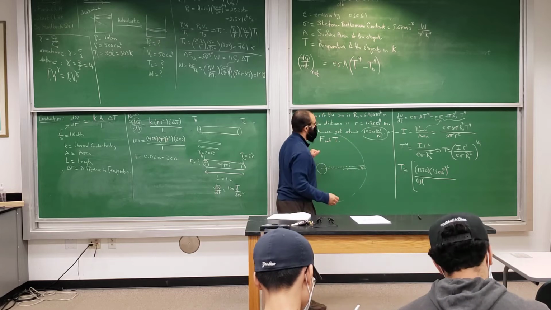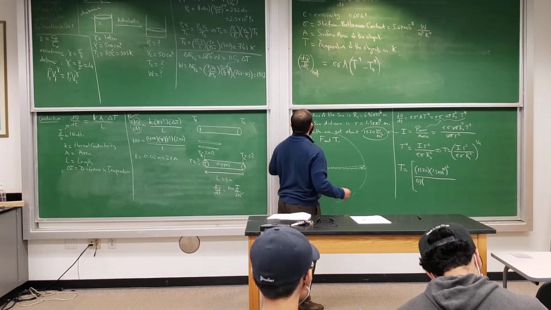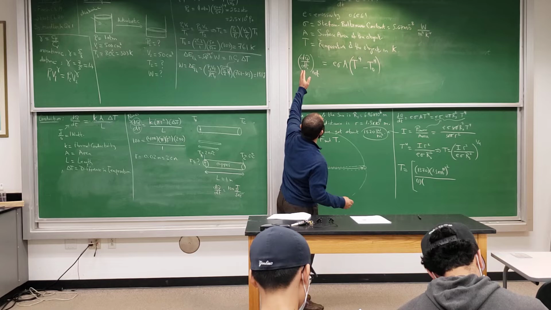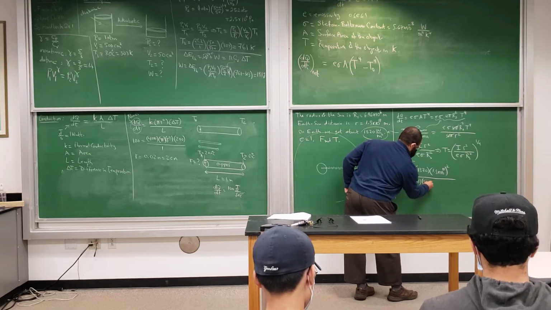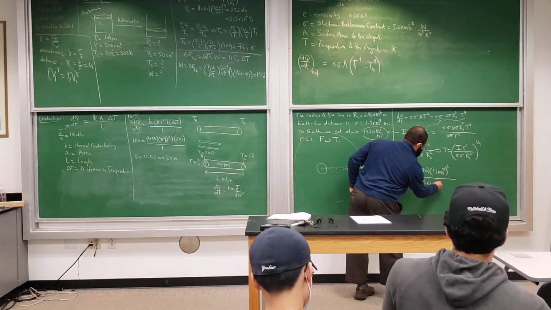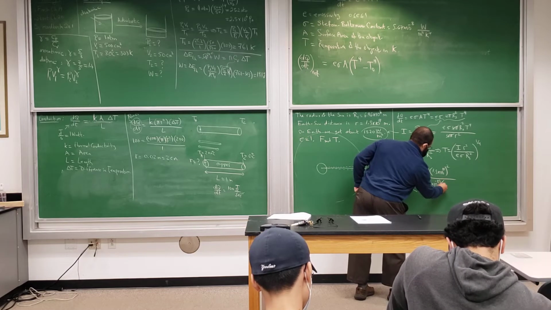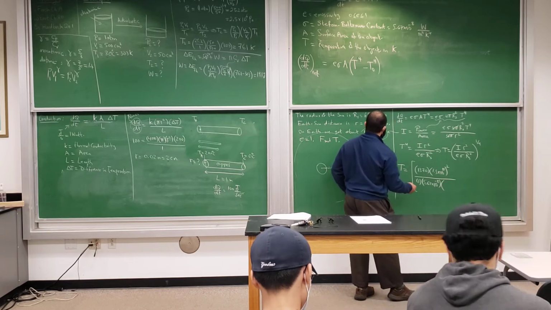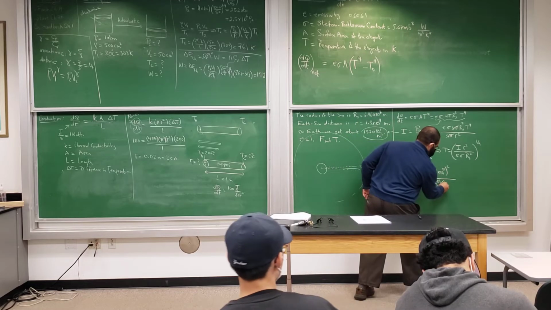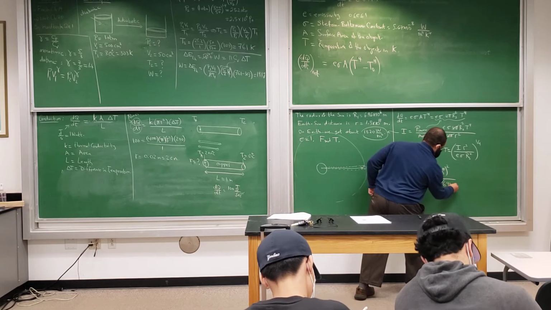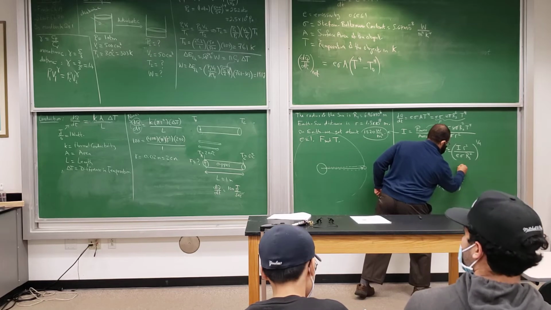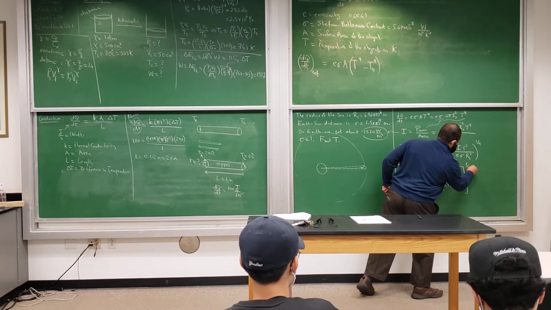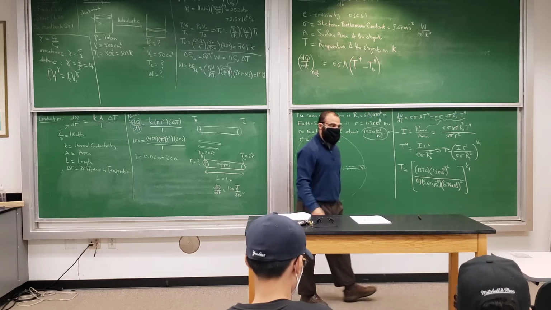Where is that? Top one. Over there, 5.67 times 10 to the minus 8. And then the radius of the sun, 6.96. Thank you. Don't forget to square it. And then to the 1/4 power, or to the 0.25, right?